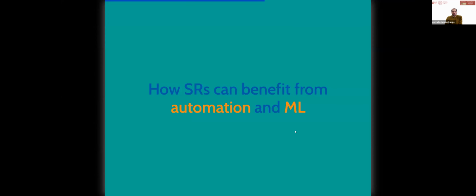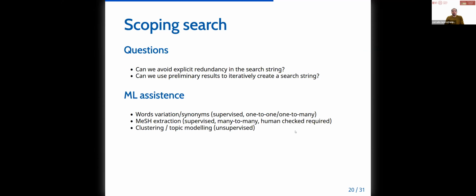Okay, so that was just to give a slight overview of how machine learning works, but how can it benefit your systematic review process? As we said, you could avoid some redundancy in your search strings, for example, for synonyms in your search strings or name variation.